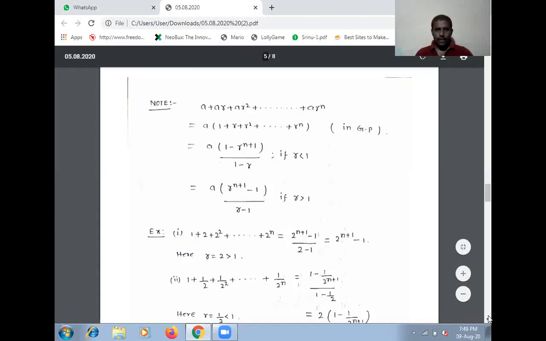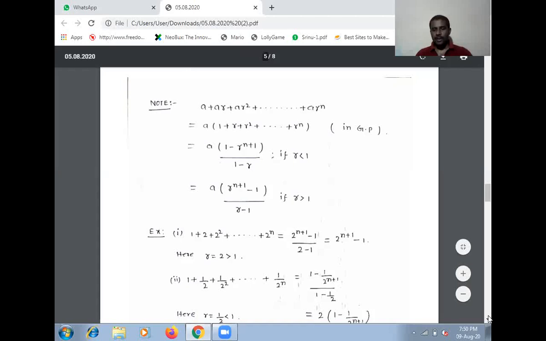Similarly, 1 plus 1 by 2 plus 1 by 2 square plus and so on 1 by 2 to the power of n. Here R equal to 1 by 2, so R is less than 1. So now it is equal to 1 minus 1 by 2 to the power of n plus 1 by 1 minus 1 by 2.